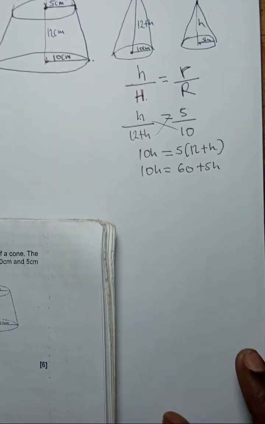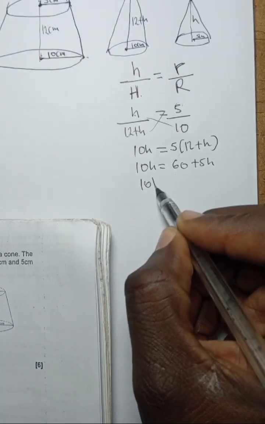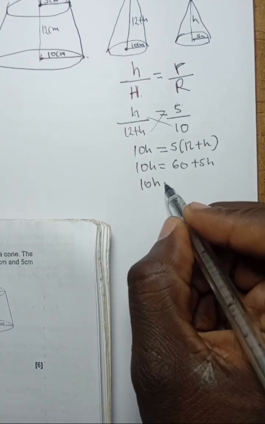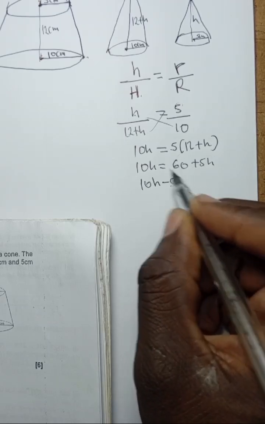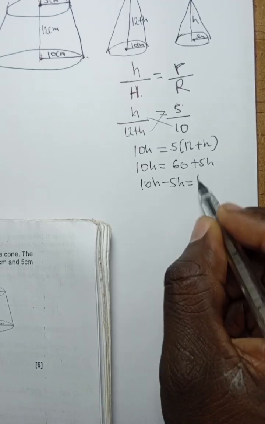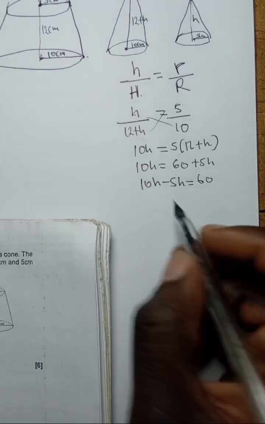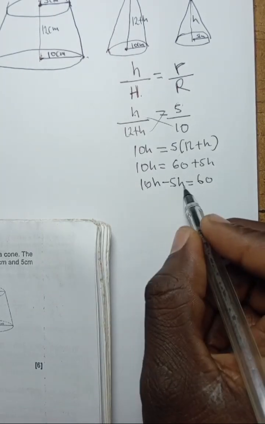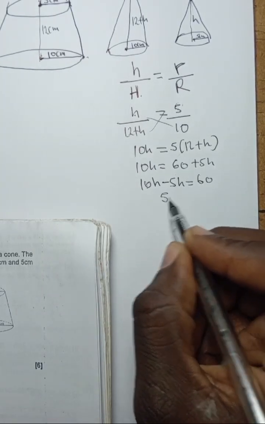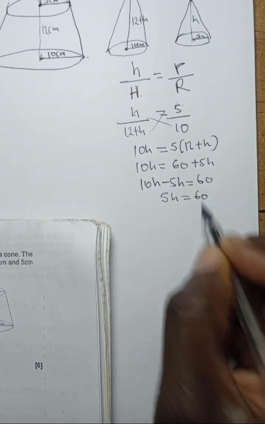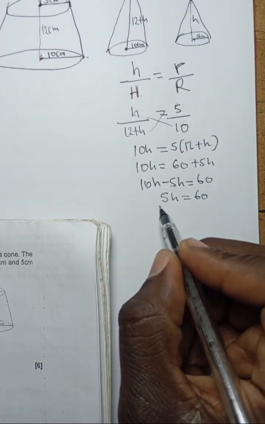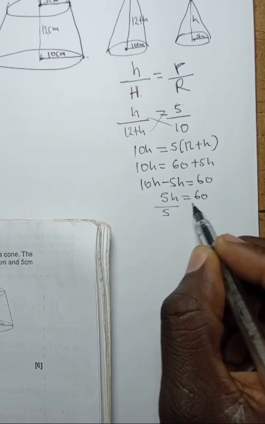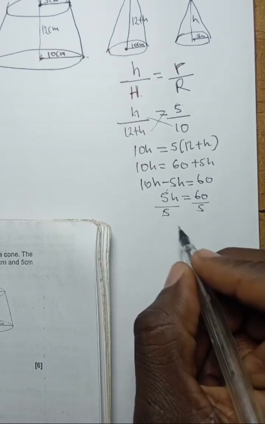Then grouping like terms, 10h minus 5h is equal to 60. So 5h is equal to 60. To find h, we divide by 5 here and by 5 here.